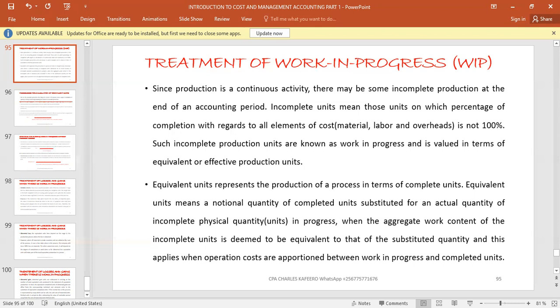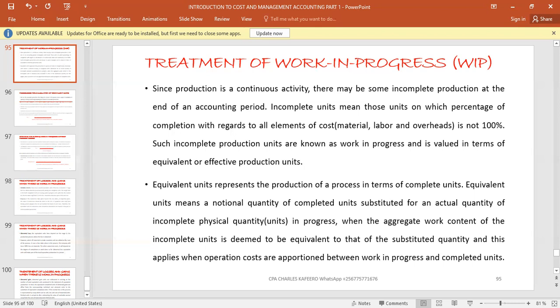They're saying, since production is a continuous activity, there may be incomplete production at the end of an accounting period. We said when you are doing production, we do it at a specific period of time that we specify, depending on how the organization is organized.